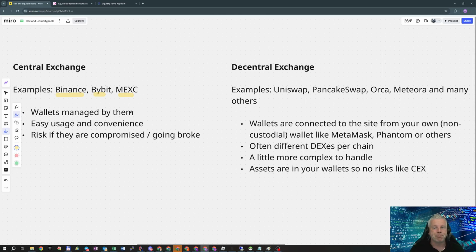What will be the first point? That the wallets where all those cryptos are stored are managed by them. So you do not have any private keys. You just have your username and your password, which is your access to all your wallets, which they nicely combine in one screen so you can easily work with it.